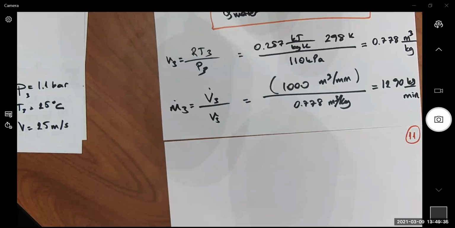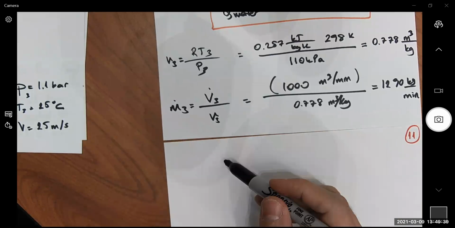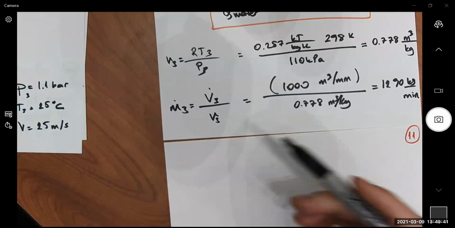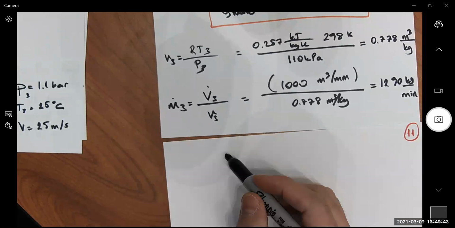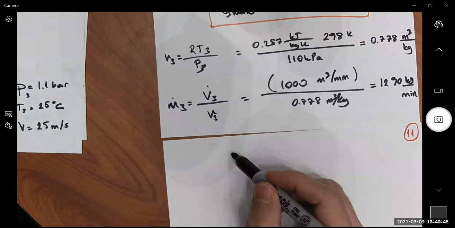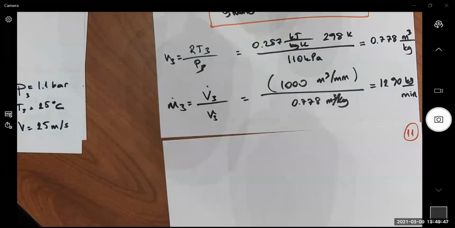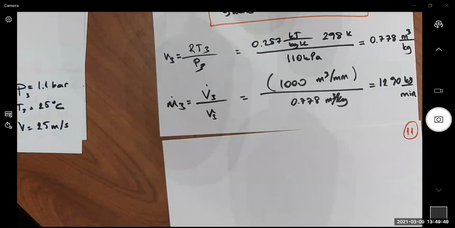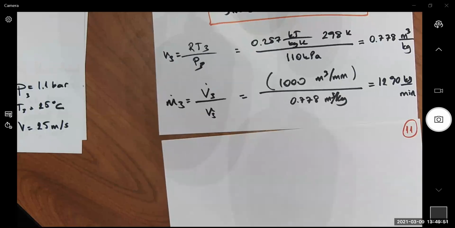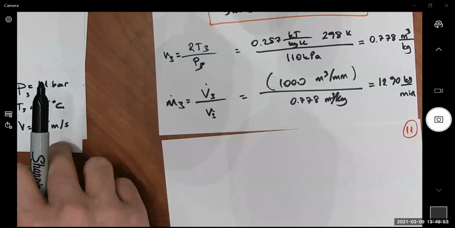Okay. If I write my first law equation for the cold side, right, after eliminating the work and potential energy difference, but I cannot neglect my kinetic energy in this case because I know the velocity.